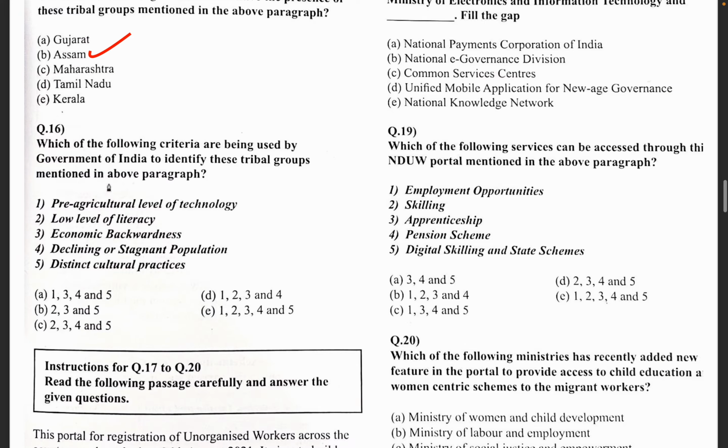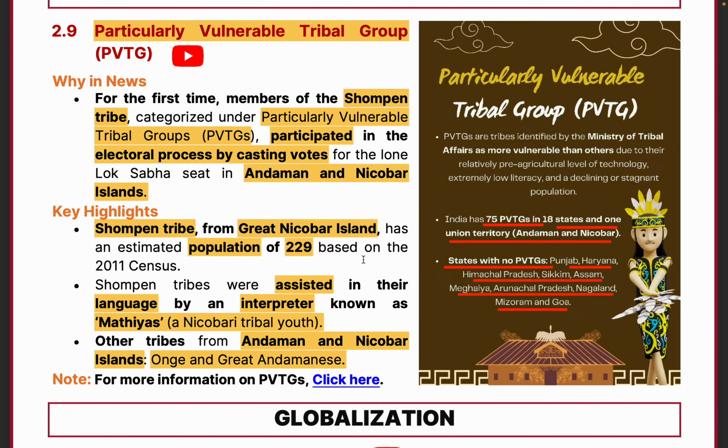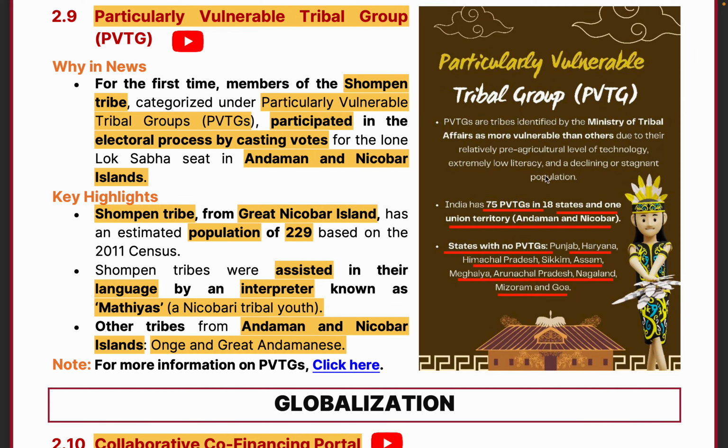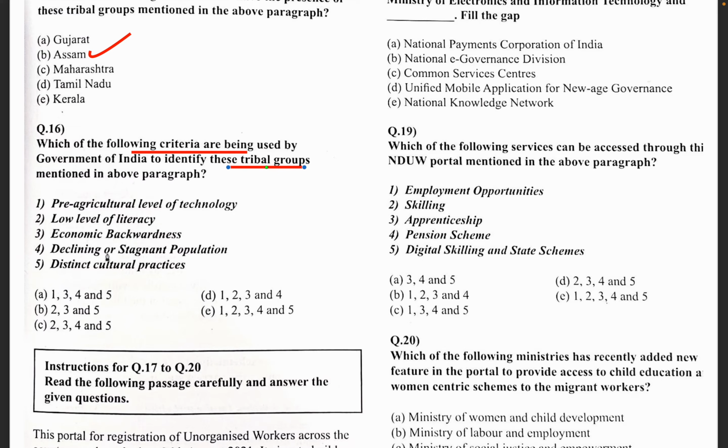Similarly here they are asking which of the following criteria are being used by the Government of India to identify these tribal groups. Again, when I was reading this, I read this part as well. Here they have given the criteria: pre-agriculture level and extremely low literacy. So these points are available here.